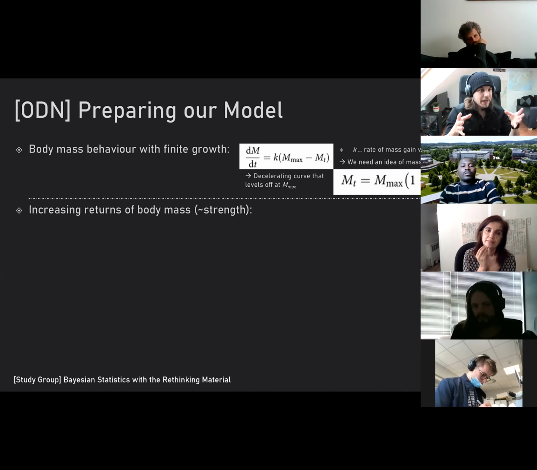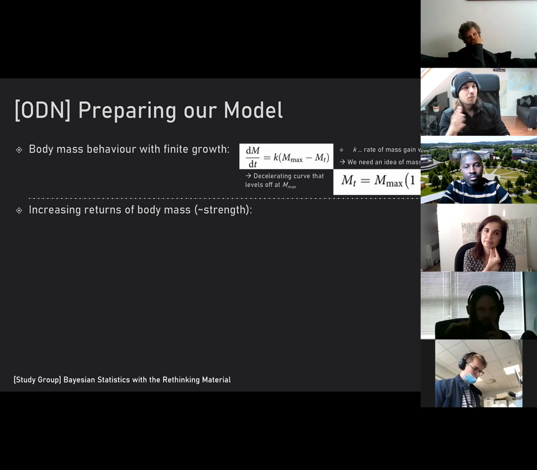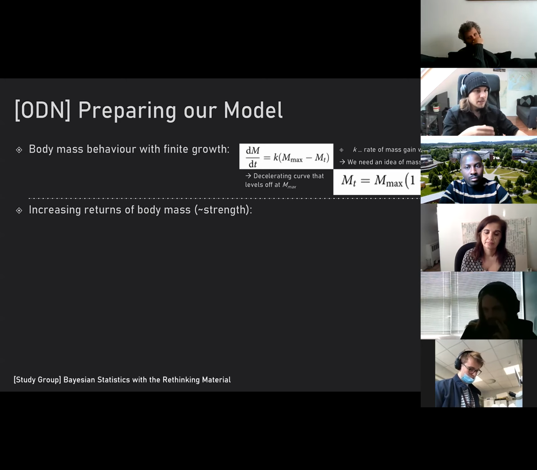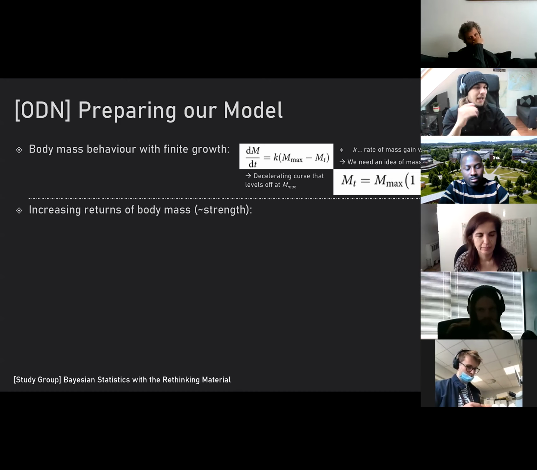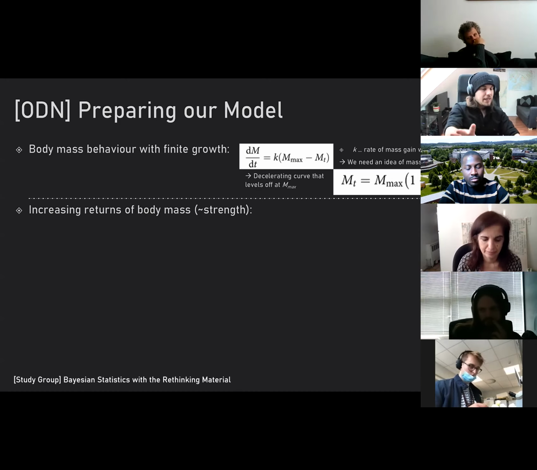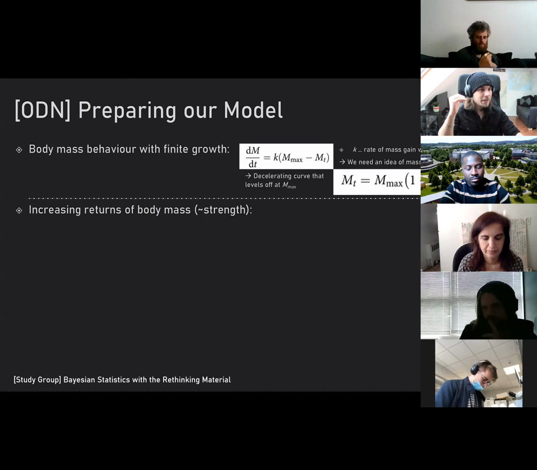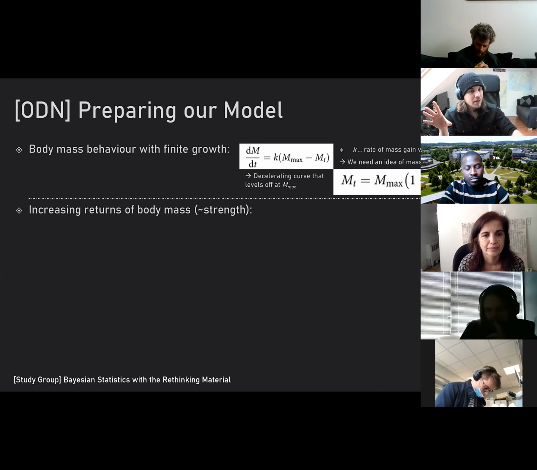So to put this into perspective, if you are tiny or lightweight and you have a 1 kilogram increase in weight, you will have a certain increase in strength, which in this setup isn't as strong as the increase of strength that you get from a 1 kilogram increase if you're already heavy to begin with.